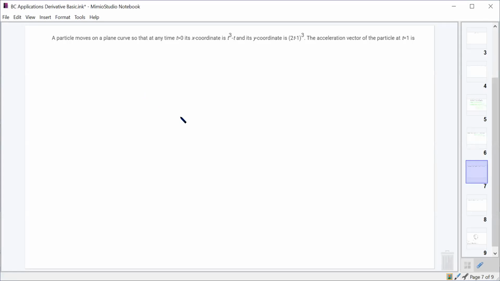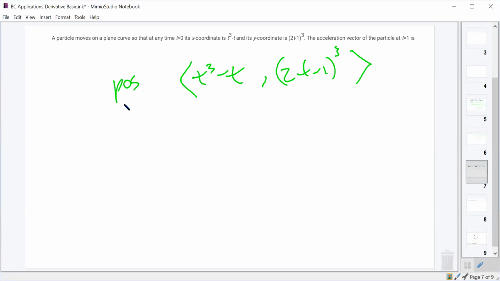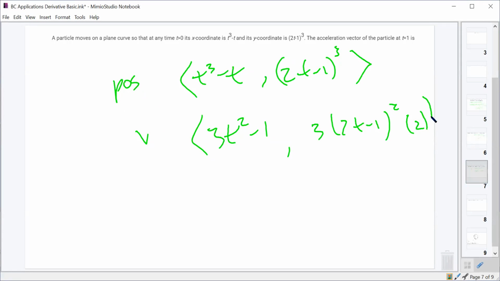Once again, we're given a position vector, t cubed minus t, comma (2t minus 1) cubed. This is our position. So our velocity should be 3t squared minus 1, and this should be 3 times (2t minus 1) squared times 2.